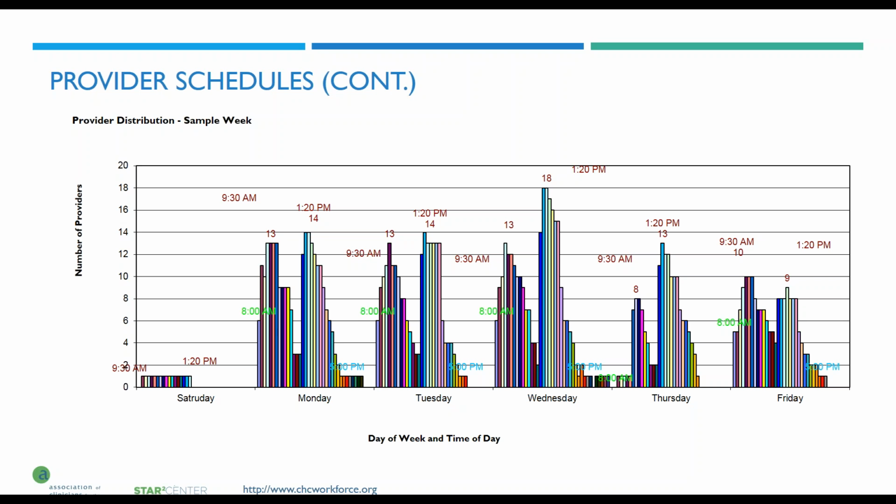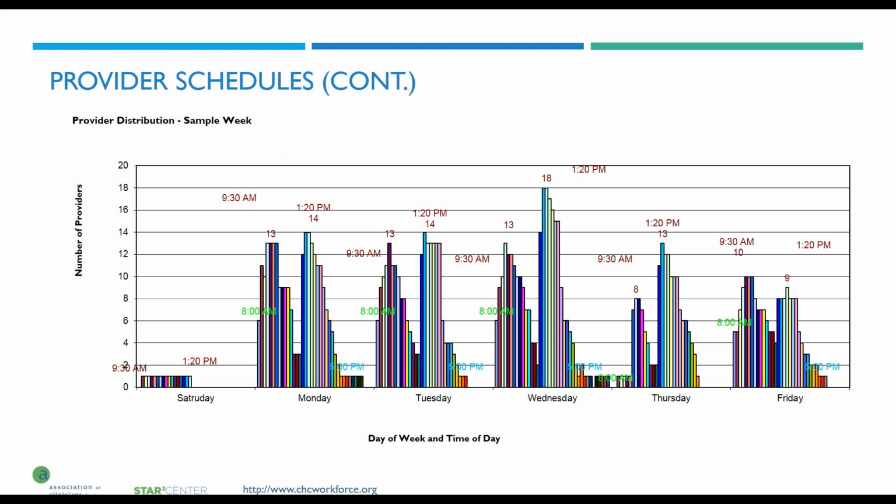So they helped me pick a sample week. And then each of these lines is a provider. If you look along the left-hand side, it's the number of providers. And then at the bottom is the day of the week and the time of the day.